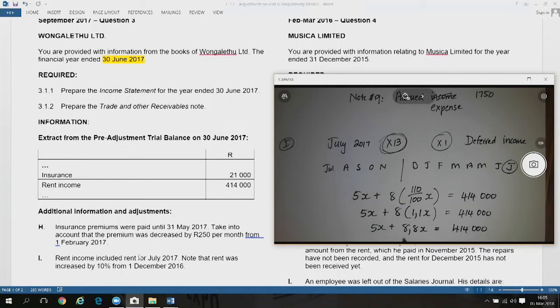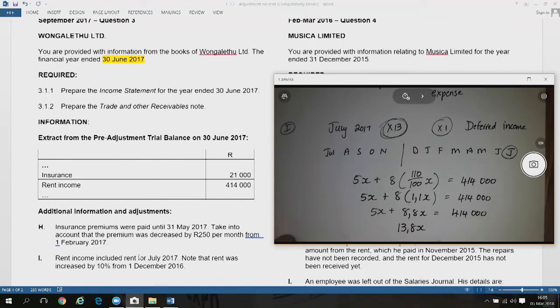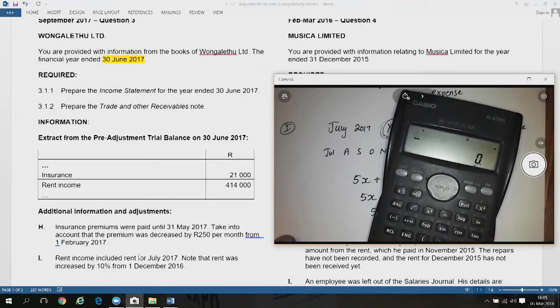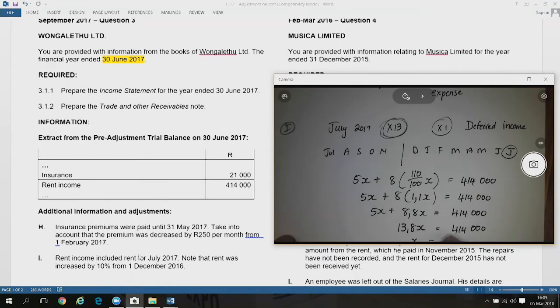And then 13,8x equals 414,000, and then x equals 414,000 divided by 13.8, and that gives us 30,000 Rand per month.